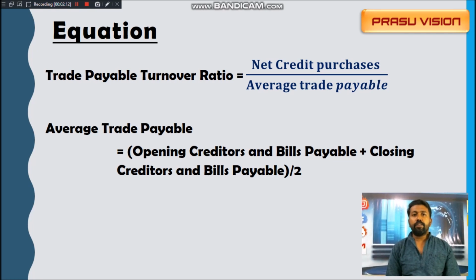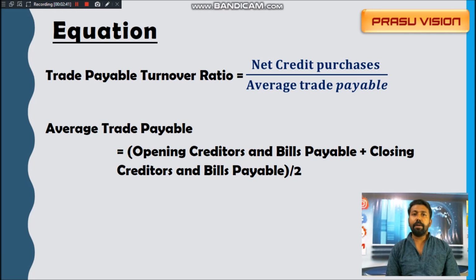So we have to calculate the value of credit purchase. If the question directly gives the amount of credit purchase, there is no need to calculate. We can use the data directly.